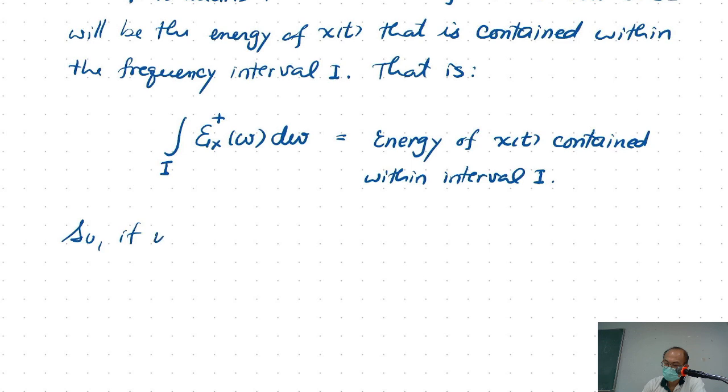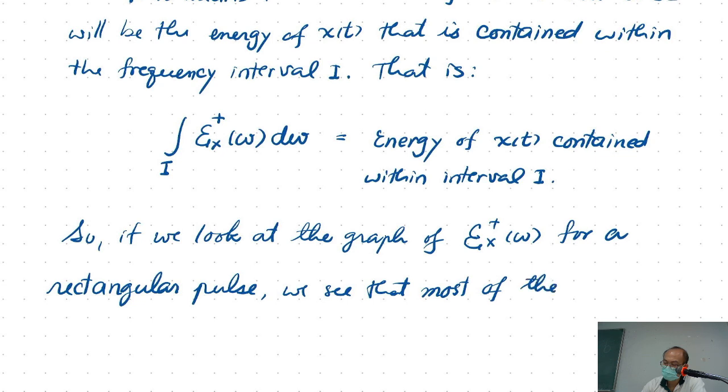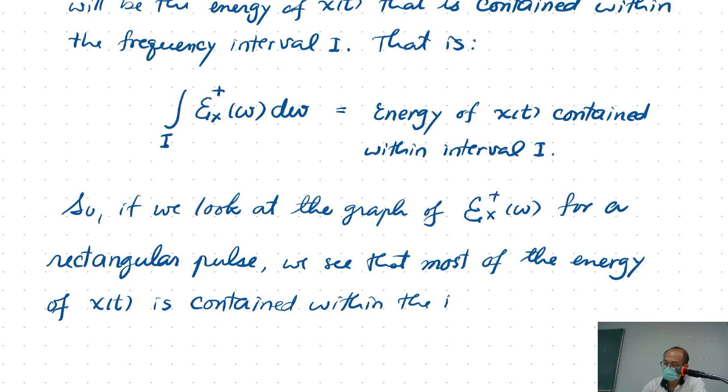If we look at the graph of Ex plus, one-sided, for a rectangular pulse earlier, we see that most of the energy of the rectangular pulse is contained within the interval 0 and 2 pi over t.